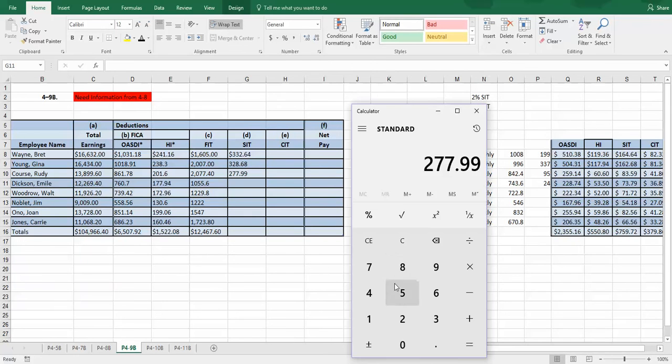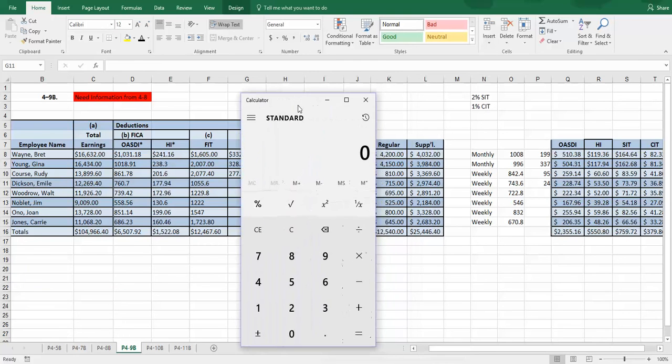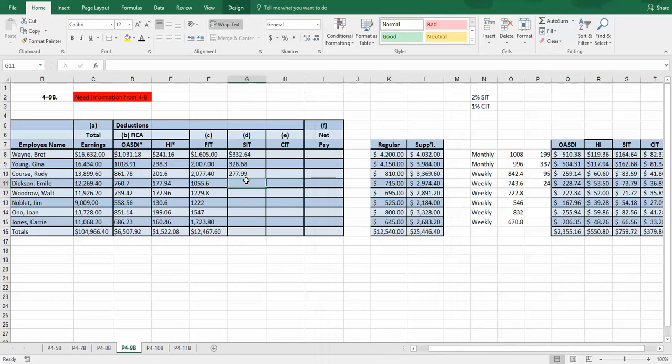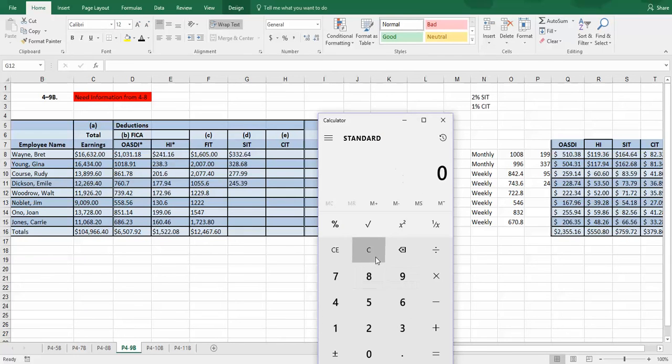And let's calculate the next weekly one. 715 times 2% is $14.30 times 12 is $171.60 plus $73.79. So it's $245.39. Let's figure out one more just to make sure that we have the process down.